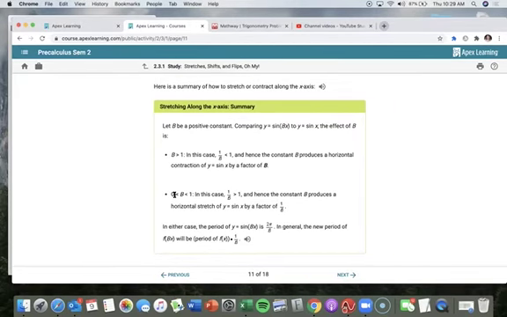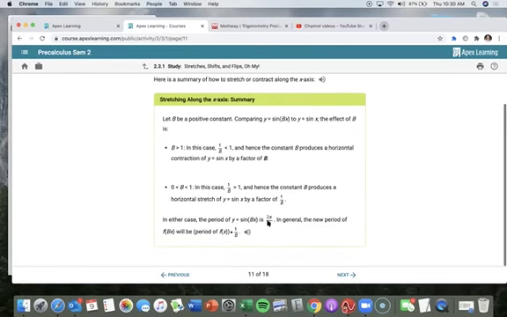If it's between 0 and 1, it causes a horizontal stretching along our x-axis. And regardless of if it's stretching or shrinking, we're going to divide by that constant of b, and that will give us our new period, right? How long it will take to get back to that original point.